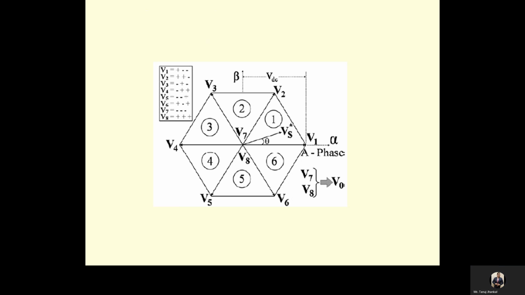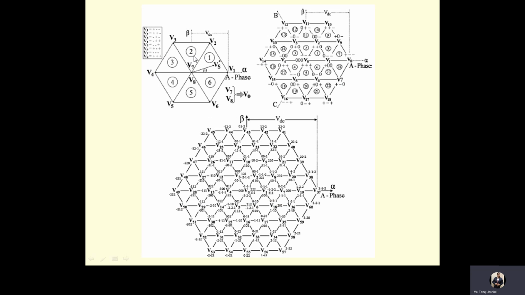As evident from the figure you can see on the screen, and let me show you. See here, in 2 level it has 2 redundancy, in 3 level it has 3 redundancy, 0, minus minus minus, plus plus plus, and in 5 level it has 5: 1, 2, 3, 4, 5.